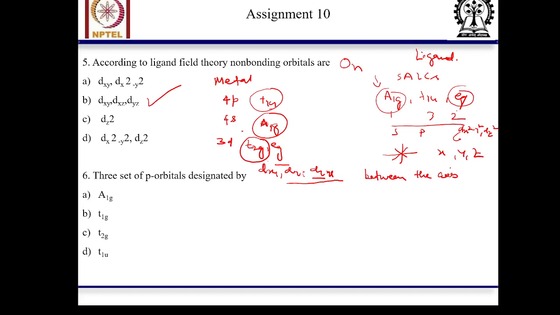Three sets of p orbitals designated by: eg, T1g, T2g, and T1u. Yeah. Any other opinion for p orbital?